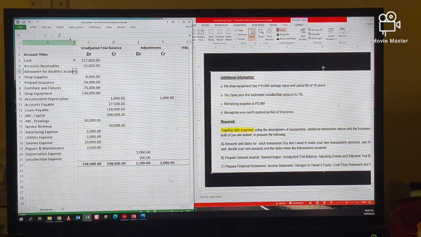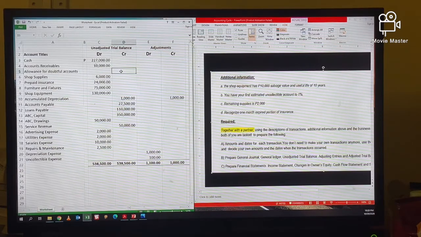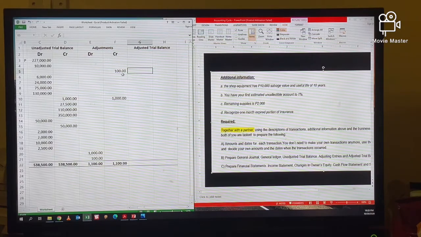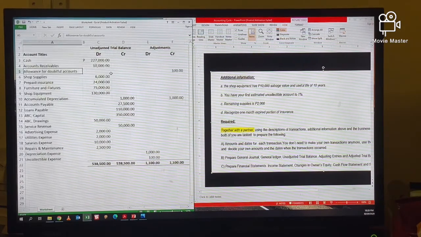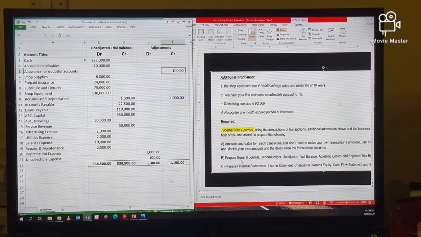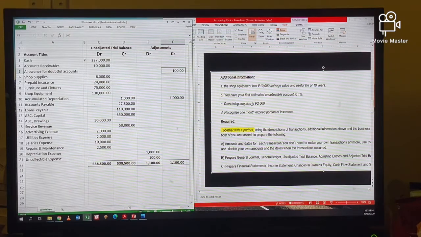Okay. Ang account na ito is a contra asset account. So, its normal balance is credit. So, you credit 100.